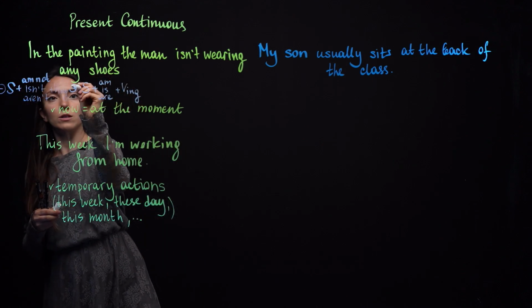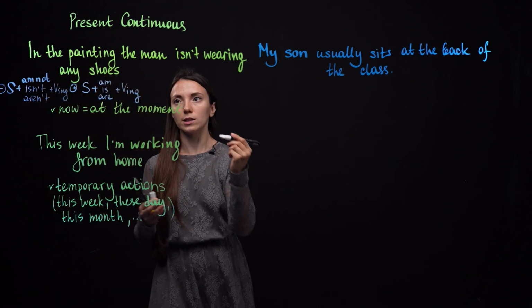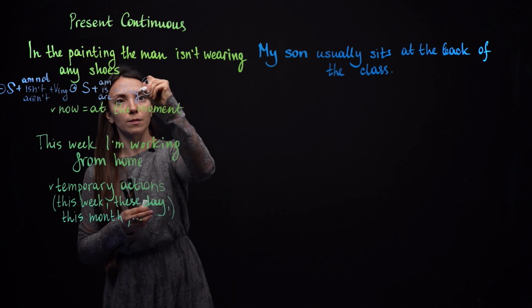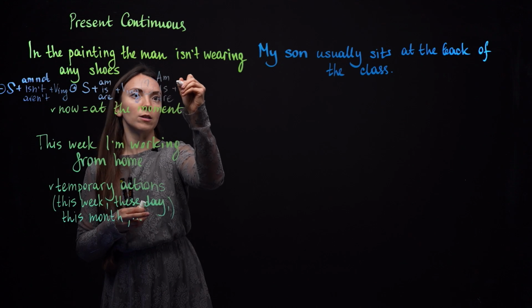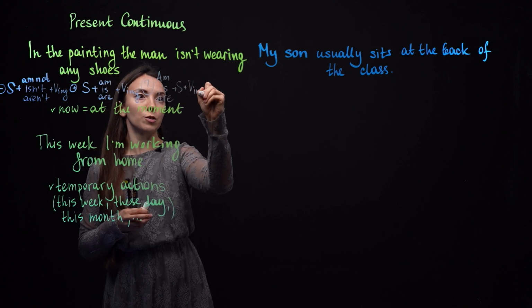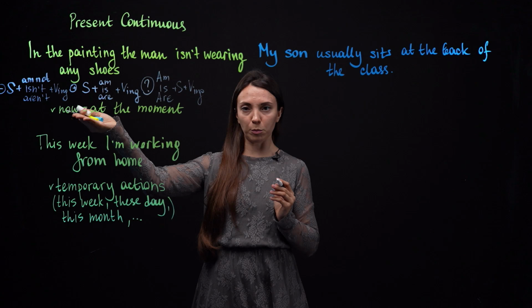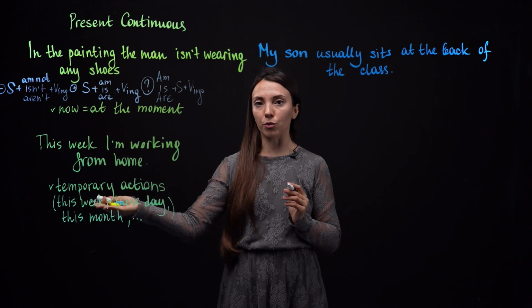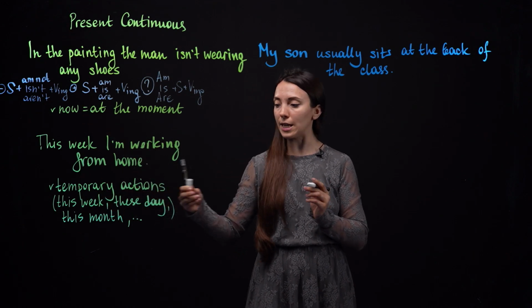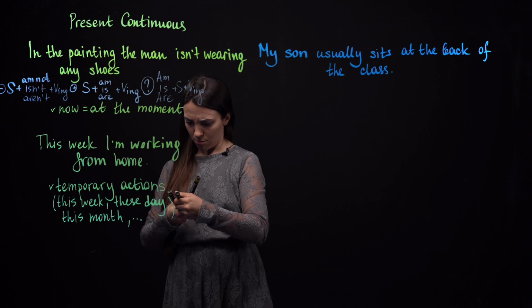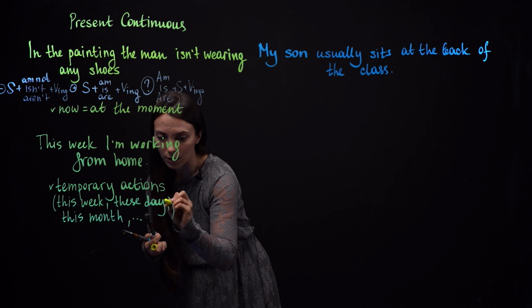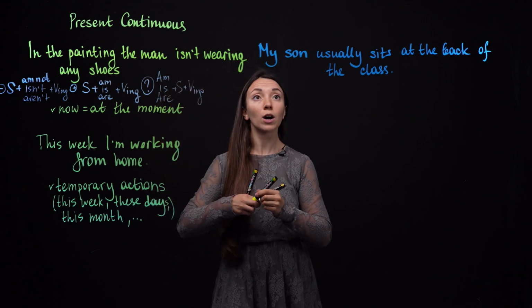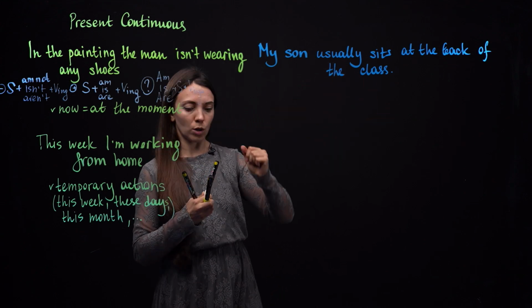And of course, if it's a question, we will put am, is, are in the first position, and then subject and verb-ing. Okay, actions which are happening now and temporary actions: this week, these days, this month.